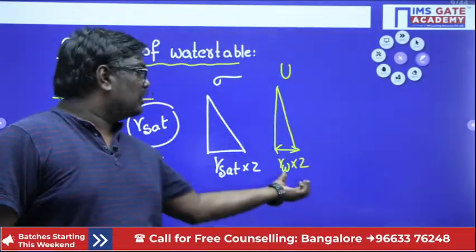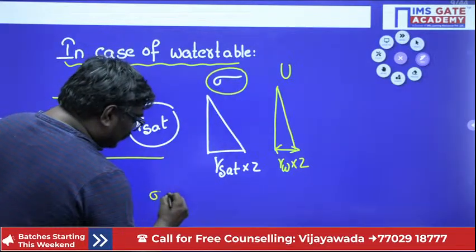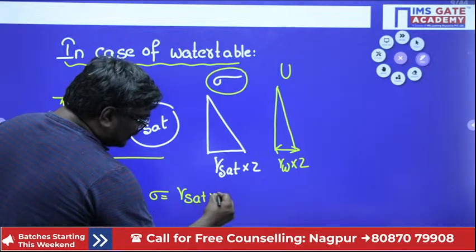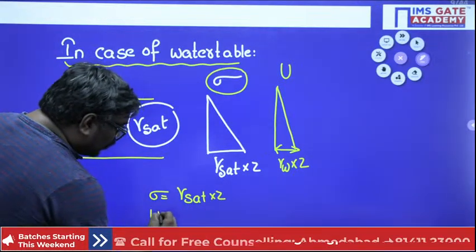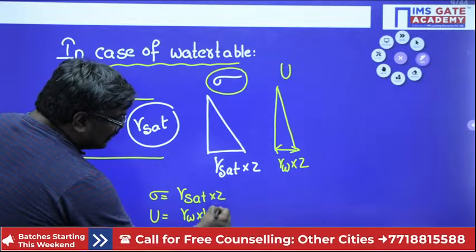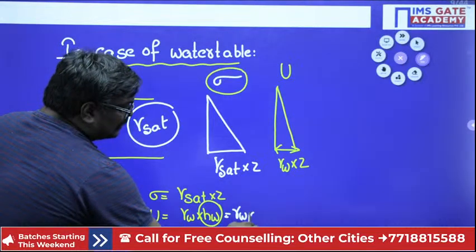I told you clearly, sigma is equal to unit weight of the soil into depth of soil strata, so gamma sat into Z. Pore water pressure is also gamma W into height of water. What is the height of water here? It is Z. So you have written gamma W into Z.